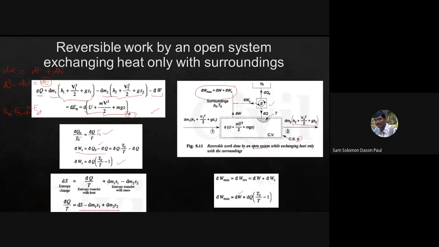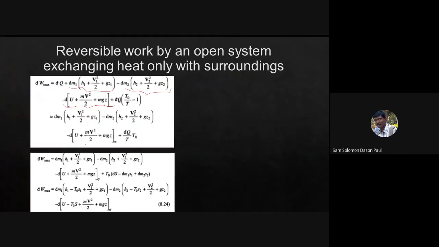Okay. If you look at this, this term, no change. This term is brought to the left hand side, and this dW is taken to the right hand side. And what is that dW? That dW is dW max minus dWc. Okay, dW is dW max minus dWc, and dW max is written here. So minus dWc has to be there, and that dWc is taken to the right hand side, and that dWc is dQ into T naught by T minus 1.